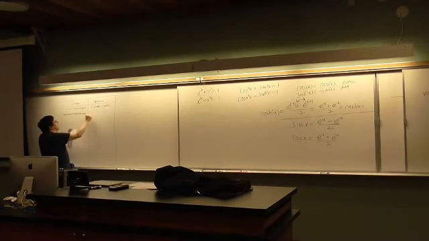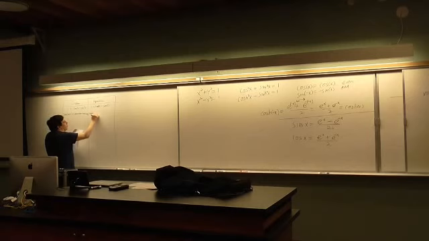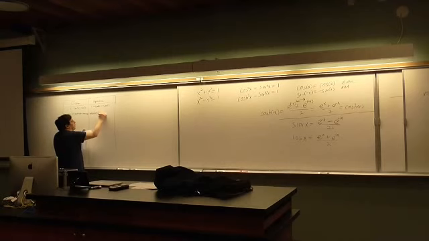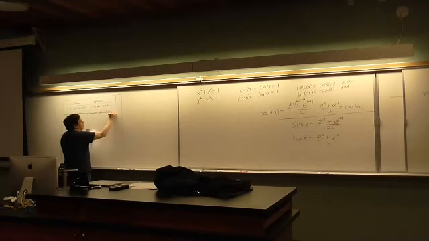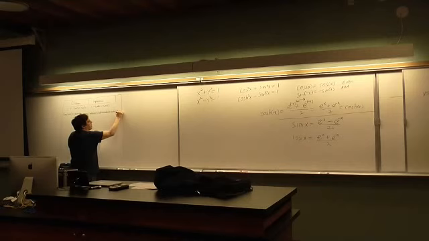On this side, we have the hyperbolic cosine of x plus y is now hyperbolic cosine of x, hyperbolic cosine of y, plus hyperbolic sine x, hyperbolic sine y.